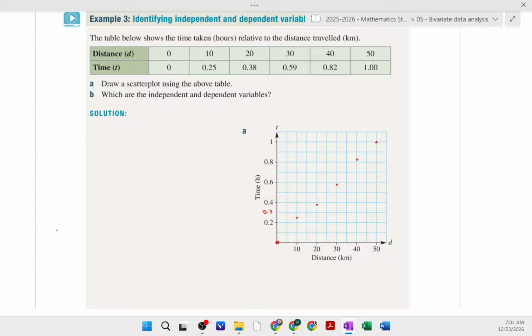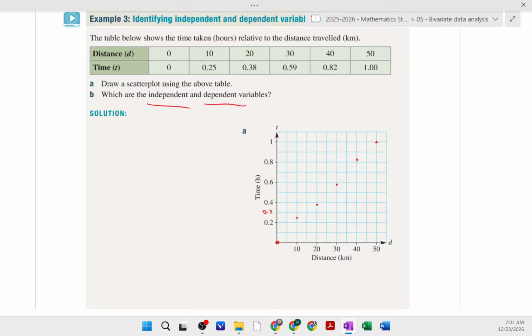Okay, so in this particular case, we are looking at which one is the independent and dependent variable. So remember the definitions of these. The independent variable is the input. It's the one that is not affected by the other one.